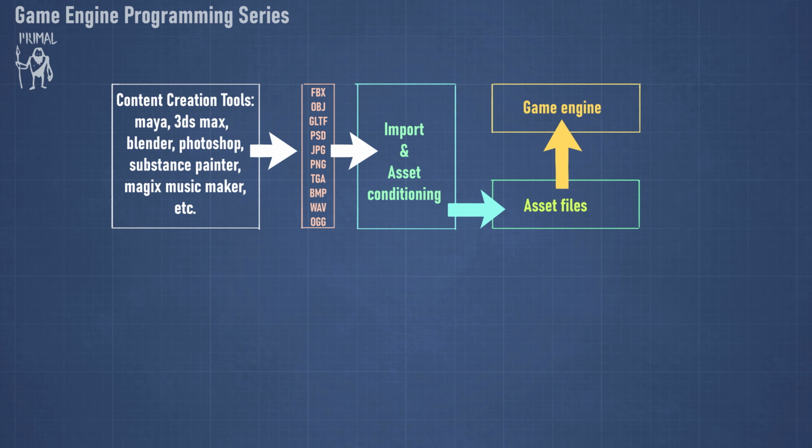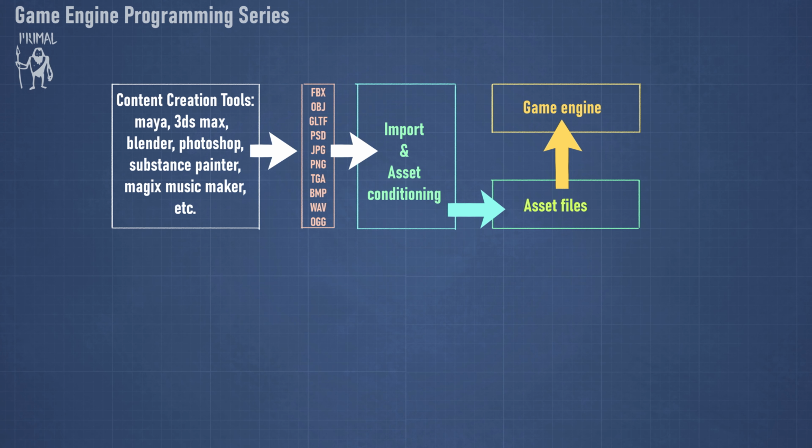Although the files that are created using these tools can be loaded directly in a game engine, they are in general not in a format that's best for use in a real-time application. And that's where asset import and conditioning come into play, the sole purpose of which is to convert the content into assets in a format that's usable by the game engine.